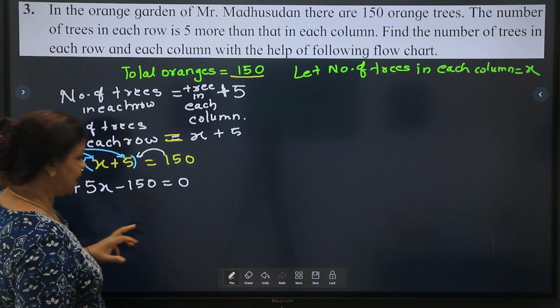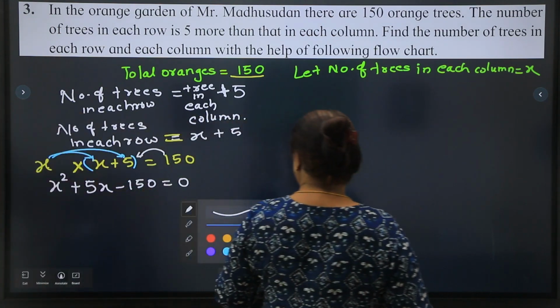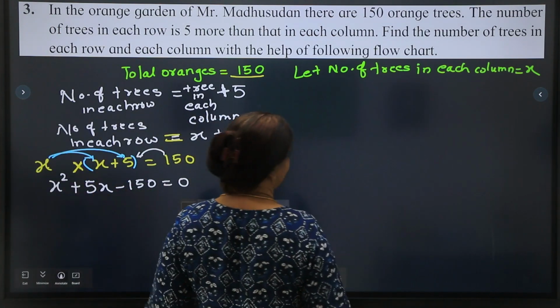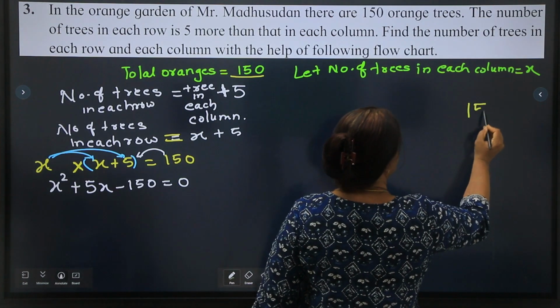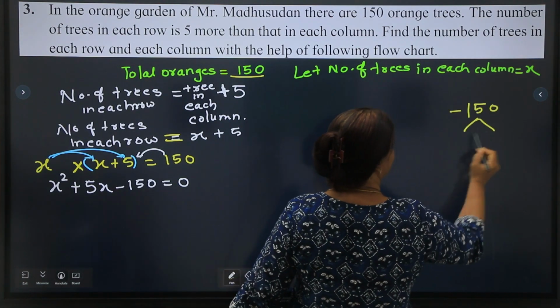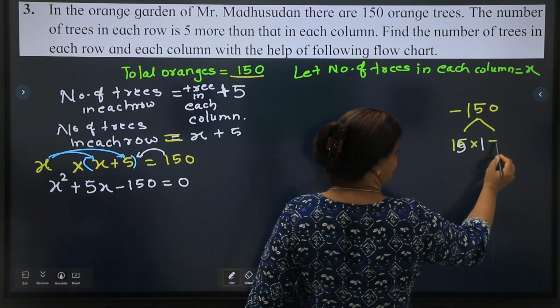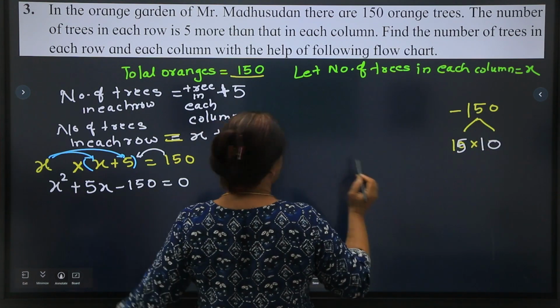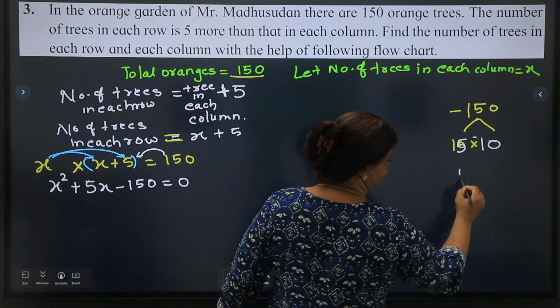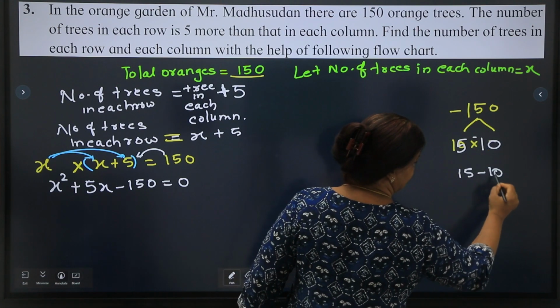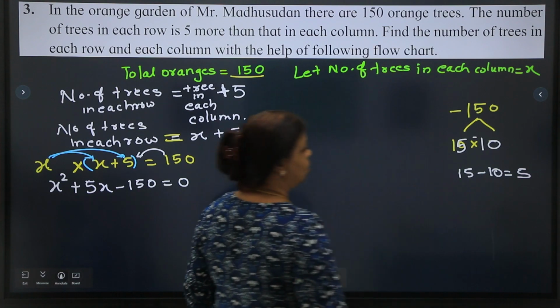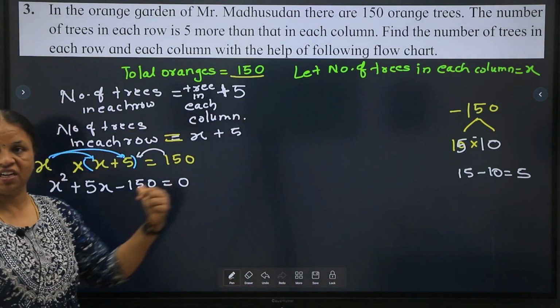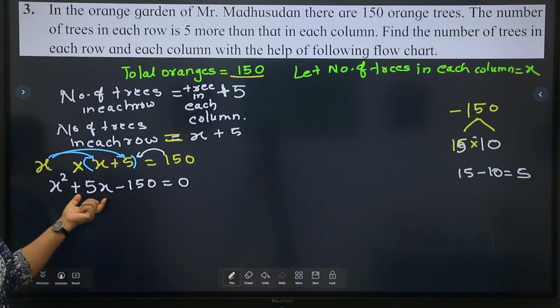Now 150 can be bifurcated to get the middle term 5x. 150 is minus, so 15 into 10 will give you 150, but we want minus and here it is plus, so 10 should be minus. So 15 minus 10 is equal to 5. So we will be using 10 and 15 in the middle to expand 5x.